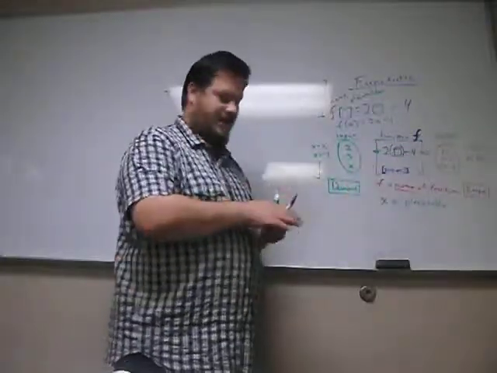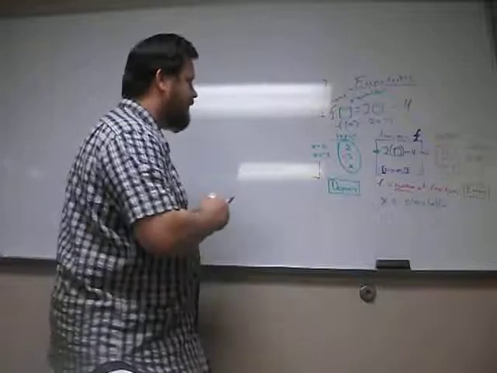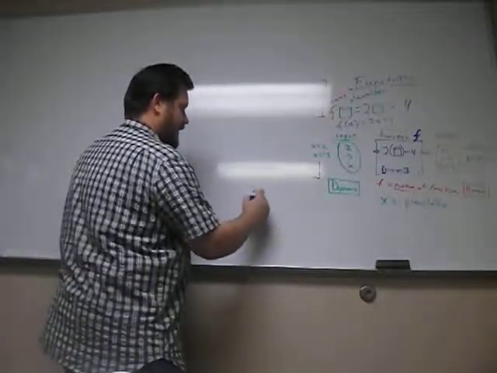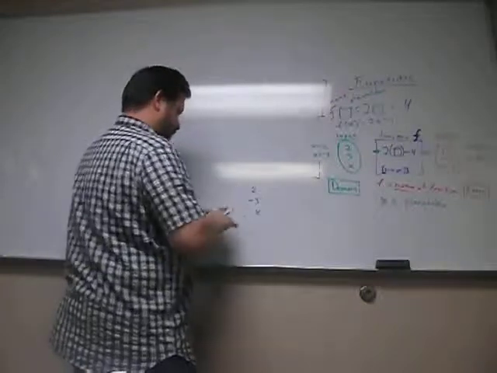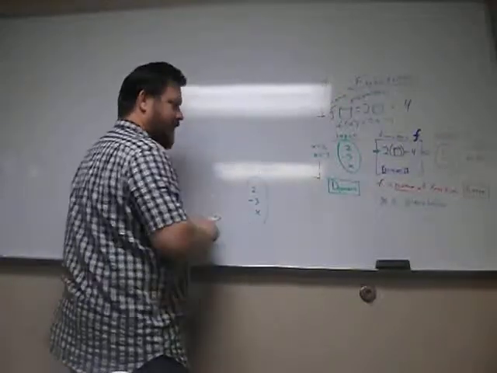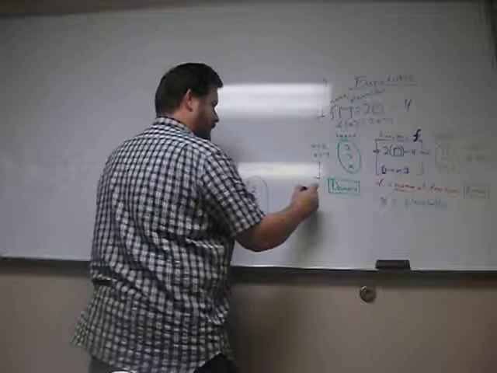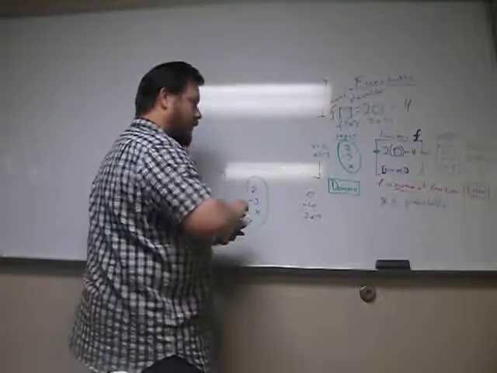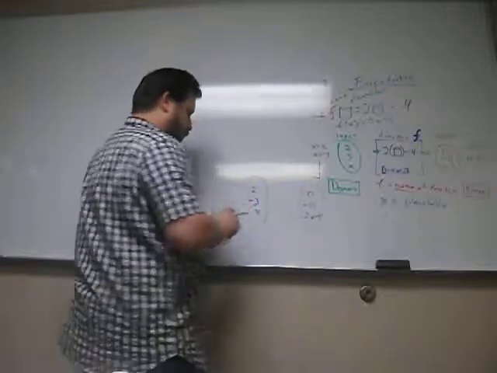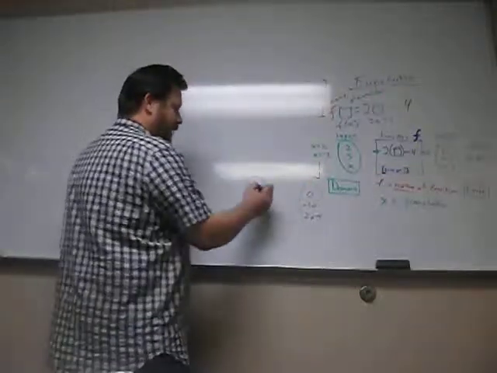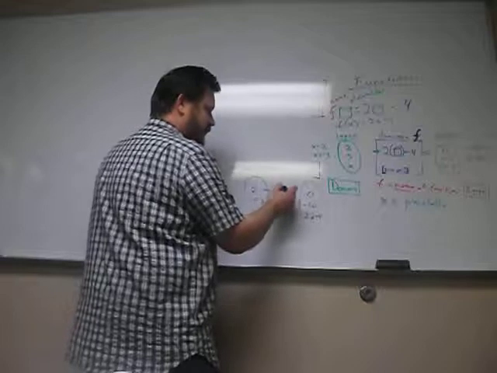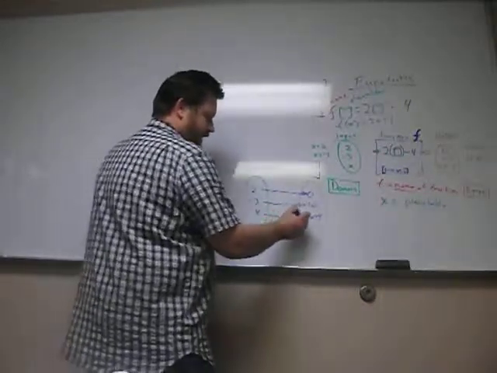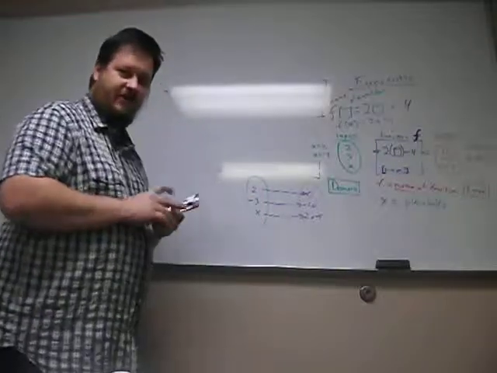But if I draw this over here as a 2, a negative 3, and an x in an oval shape, and a 0, a negative 10, and a 2x minus 4 in an output oval, I can use some arrows and say that a 2 gives me a 0, a negative 3 gives me a negative 10, and an x gives me a 2x minus 4.